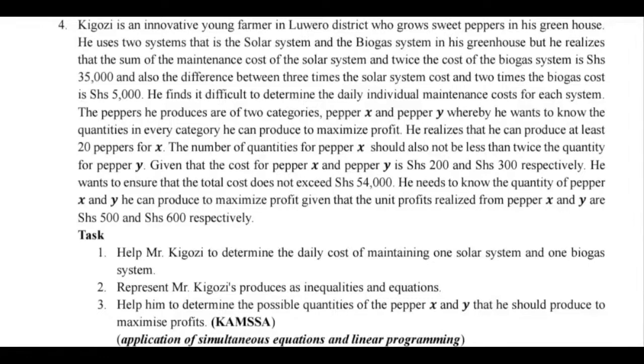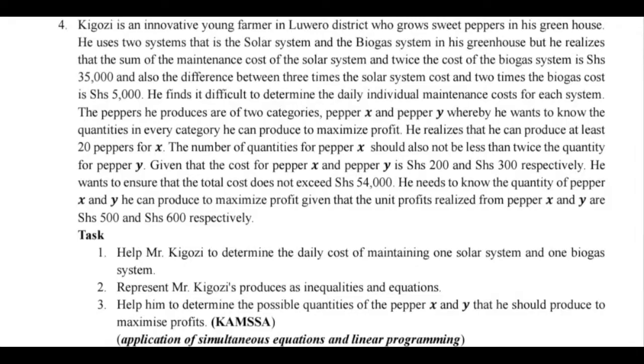Meaning that we are supposed to use the inequality greater than or equals to. Paper X being either equal to 20 or greater than 20. So in our first part, the inequalities we are now forming, we're going to have paper X being greater than or equals to 20. That is for the statement saying at least 20 papers of X.